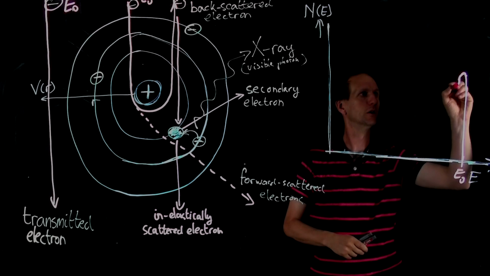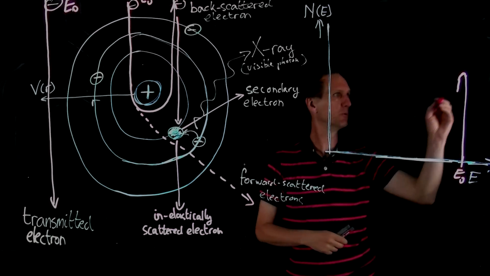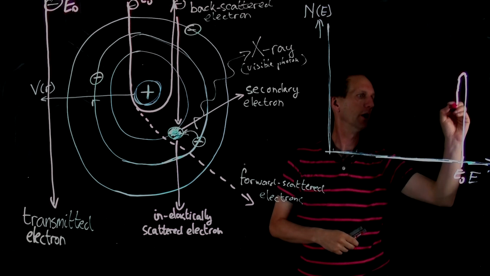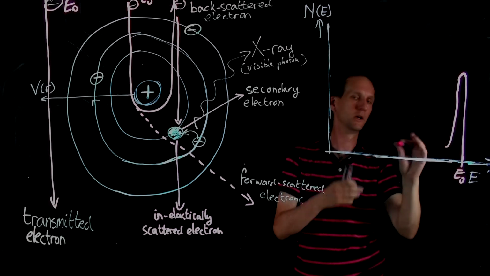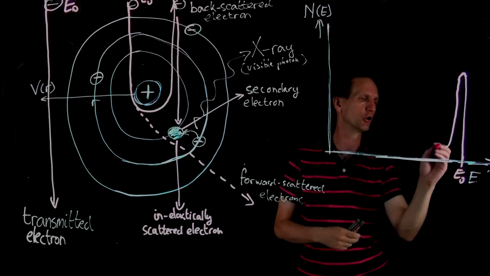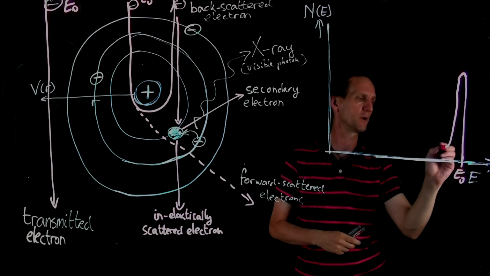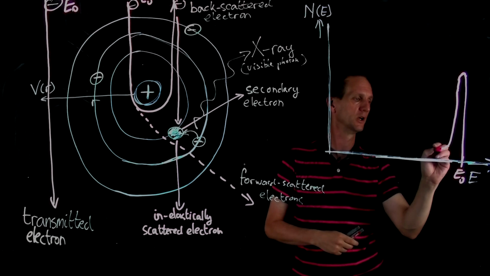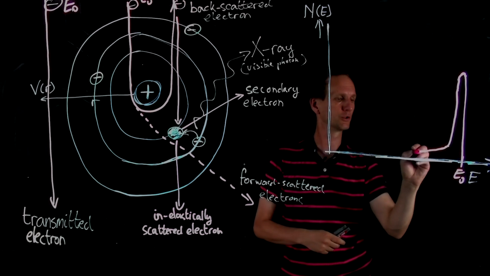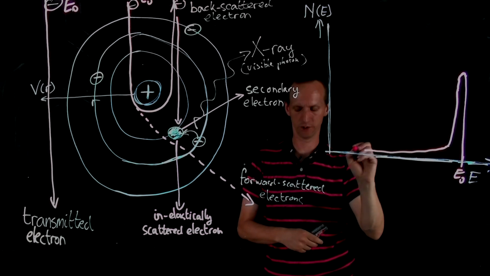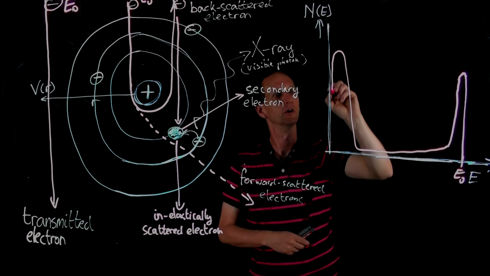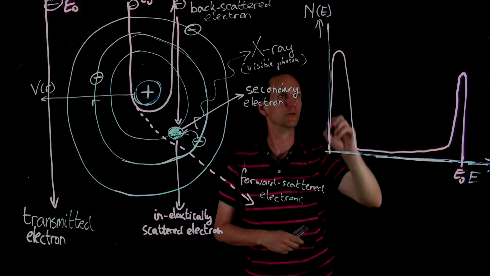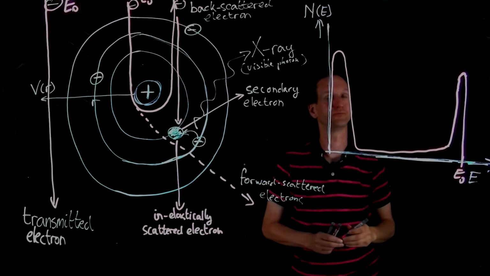And then basically we have some other loss mechanisms that may occur here, but we will ignore those as they don't lead to signals in electron microscopy. Basically, this is a curve that looks like this, and then at very low energies, we have another peak here, a very high peak, which only goes to 0 at 0.